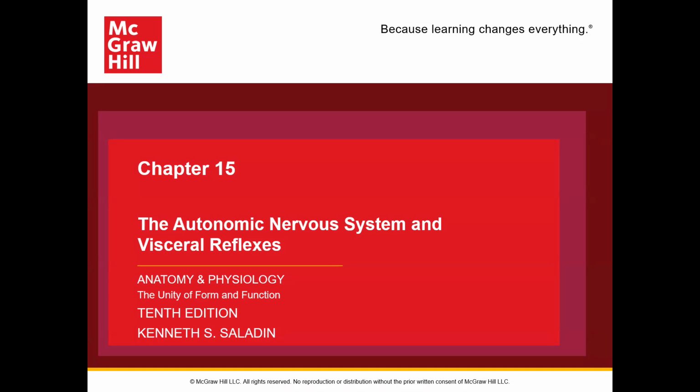Is it the parasympathetic and the other one? So the parasympathetic and the sympathetic are here, right here. The parasympathetic, sympathetic and enteric are all part of the visceral, which is part of the motor output efferent. That's all part of structural.